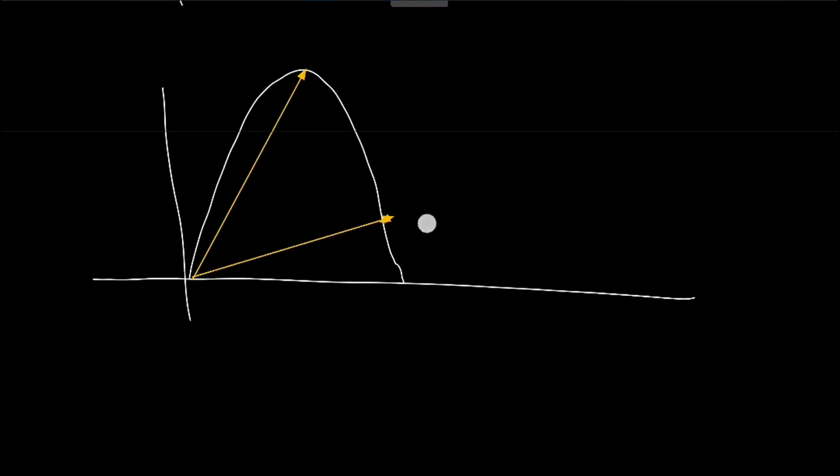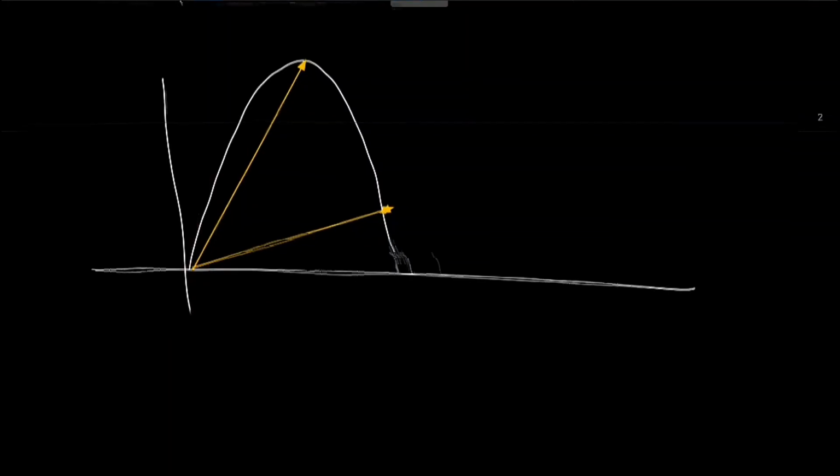Now this begs the question, at what angle theta shall we throw the projectile such that the distance from the origin will go on decreasing from a certain point instead of increasing?